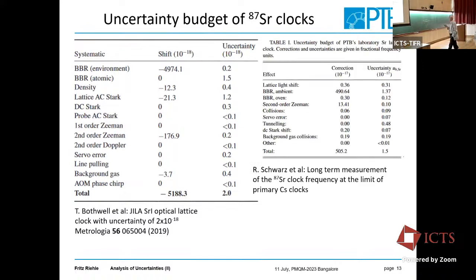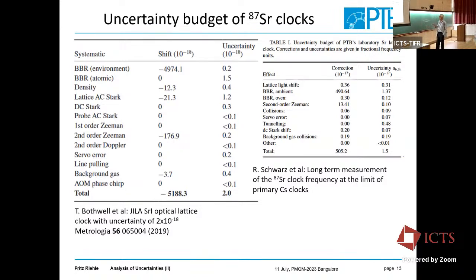First, as I said before, the uncertainty budget of the strontium clock depends on your actual realization of the clock. This is the strontium clock that has been published in Metrologia 2019 from the Riehle group. They end up with a fractional, or relative, uncertainty of 2 × 10⁻18.